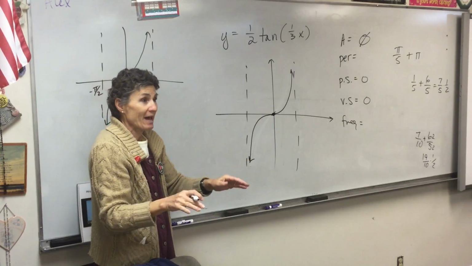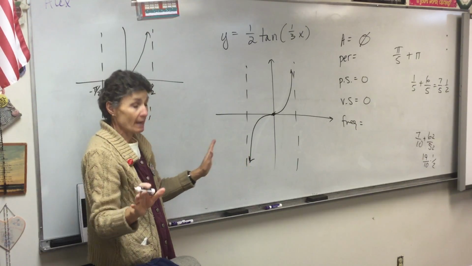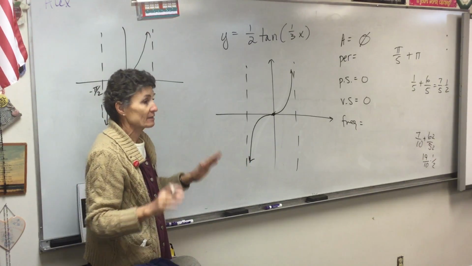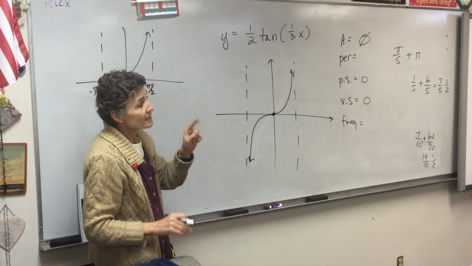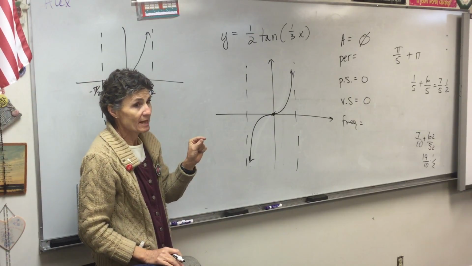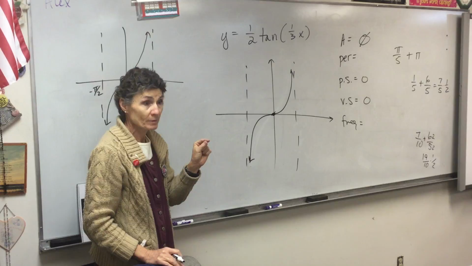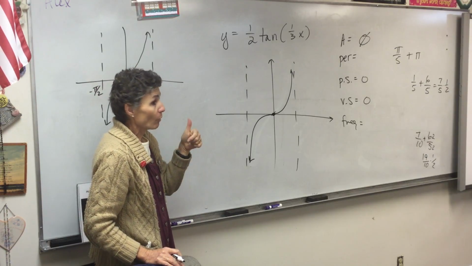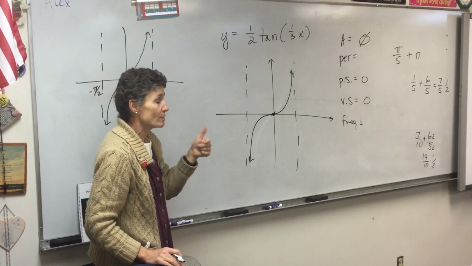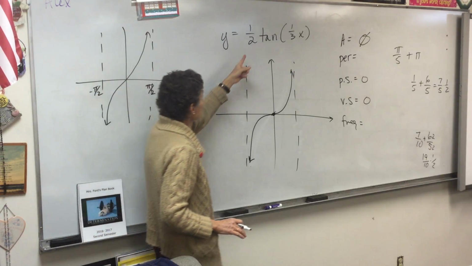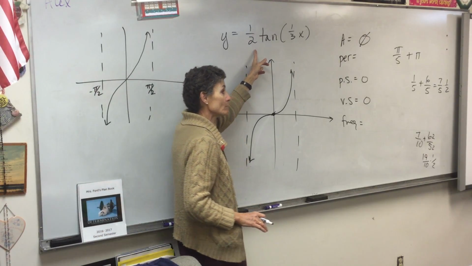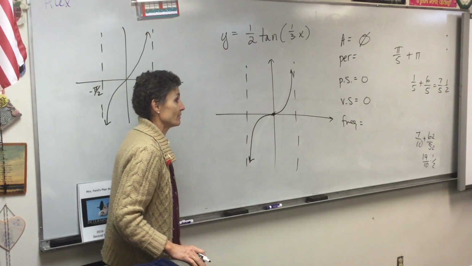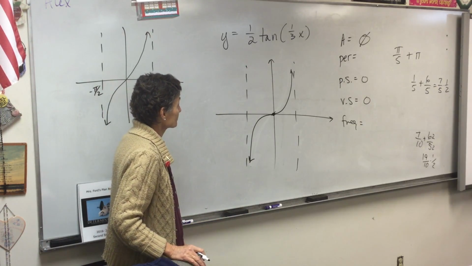I'm not worried about that for you. If you want to do that, great, super. But don't worry about that. There's no amplitude. The only time you really have to pay attention to that number is if it's negative. Because if it's negative, what will happen? It'll go upside down, right? So then you do indeed have to pay attention to it. But this number really, I'm not worried about in terms of a tangent curve.